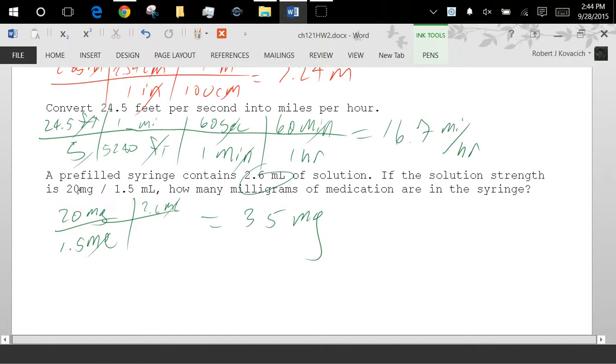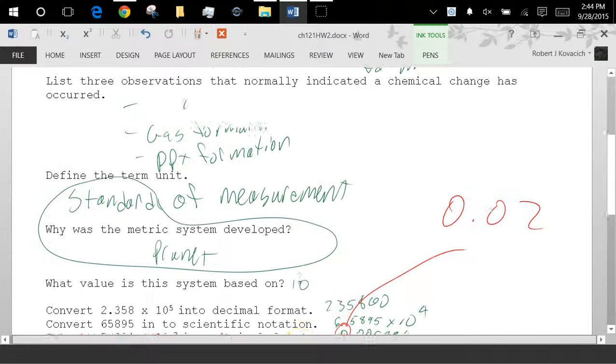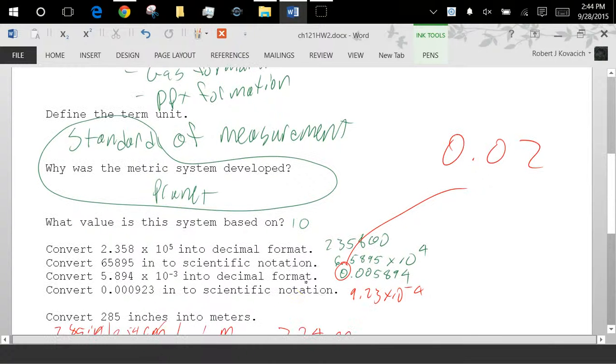Yeah. I have a question. On the first conversion, the 2.358 times 10 to the 5th, you put a 6 in there? Did I? I'm not sure where it came from. 235,860? That's supposed to be a zero. Oh, okay. That's so obviously a zero.